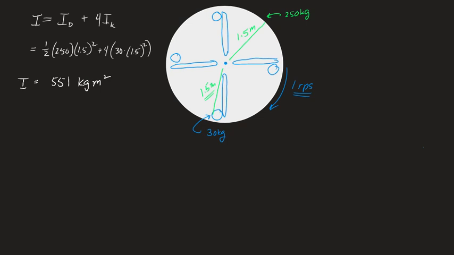You should be able to tell me the angular momentum then. You have everything you need, but you will have to put this in radians per second. So angular momentum is I times omega, but be careful, you have to have your values in radians in order to get the appropriate units for angular momentum.